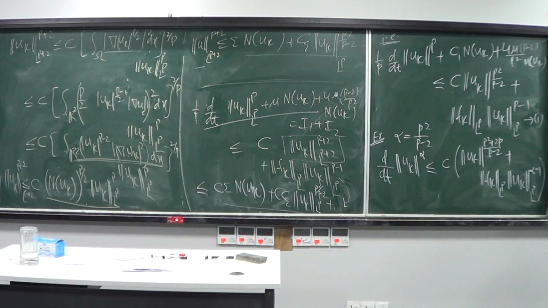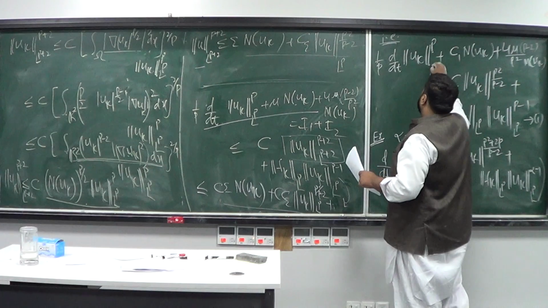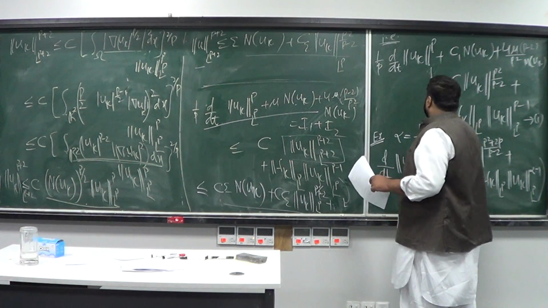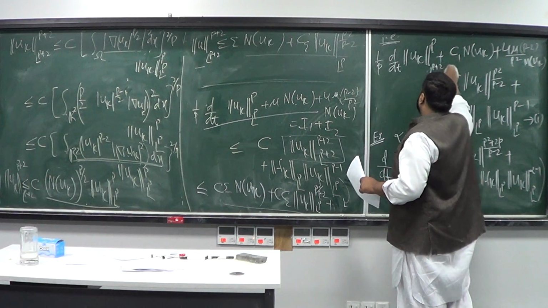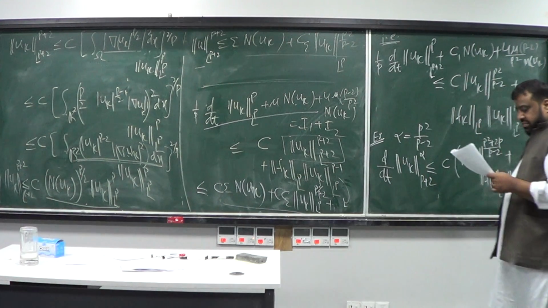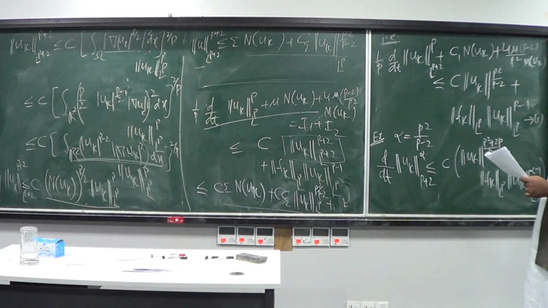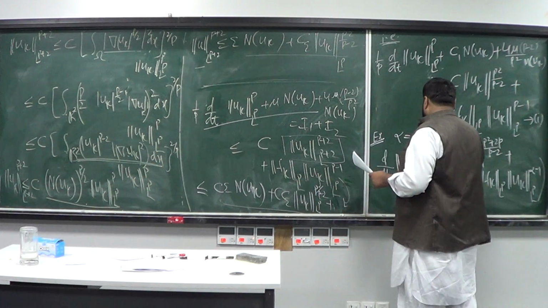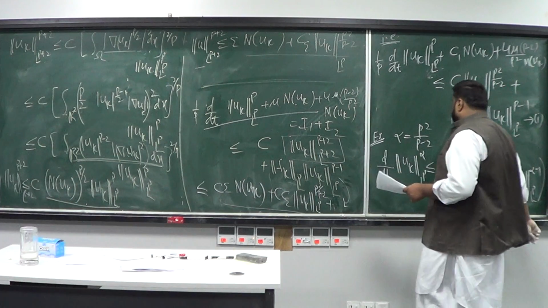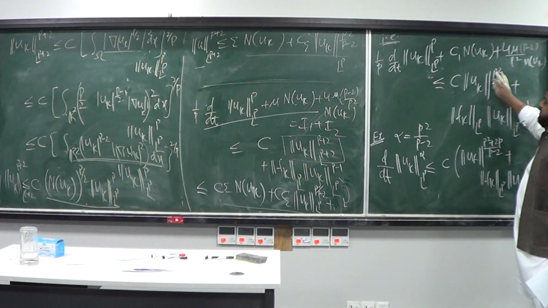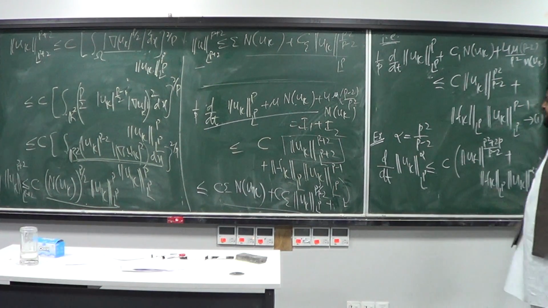I must write this is the LP plus 2 norm, no, this is LP norm. This must be LP as well. Okay, so you got this differential inequality. So using this, play a trick and try to deduce this inequality.